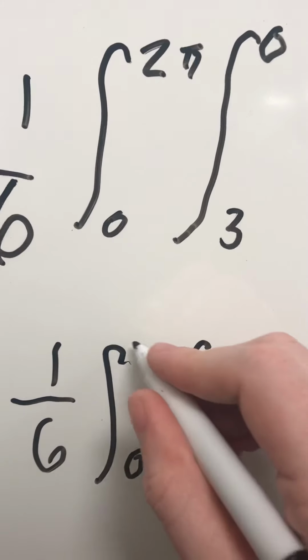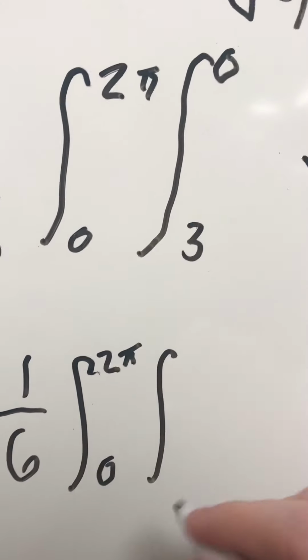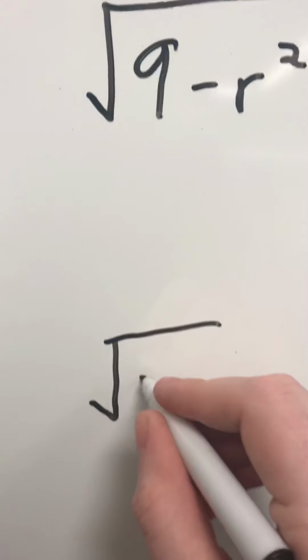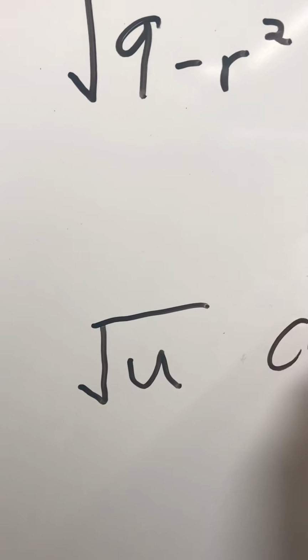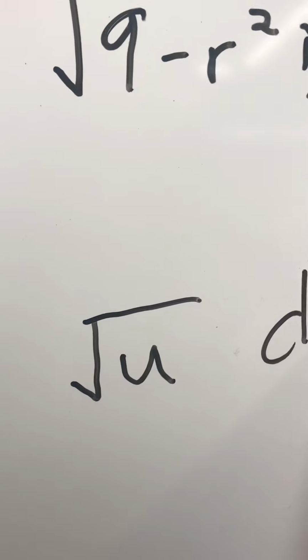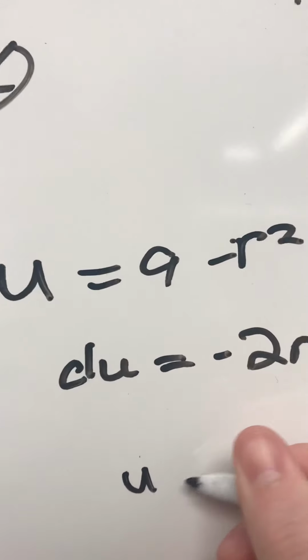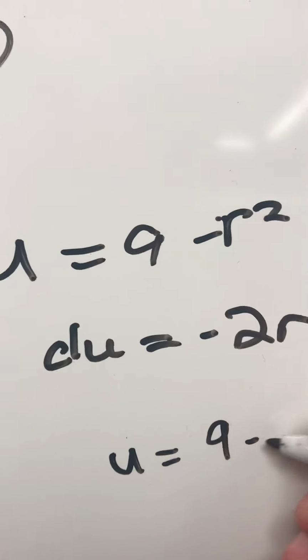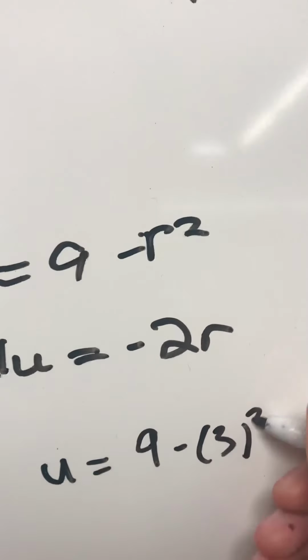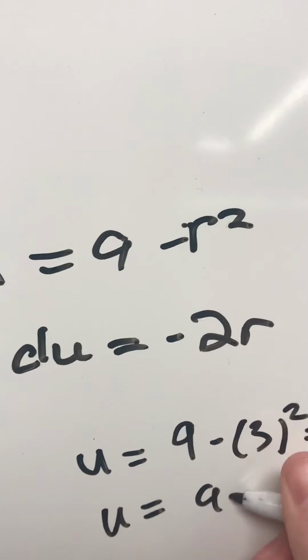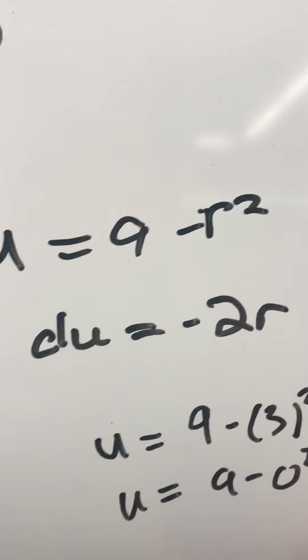This is still going to be 0 to 2 pi, but we're going to have new limits of integration. This is going to be the square root of u d theta. So our u's are now going to be u equals 9 minus 3 squared equals 0, and u equals 9 minus 0 squared, which equals 9.